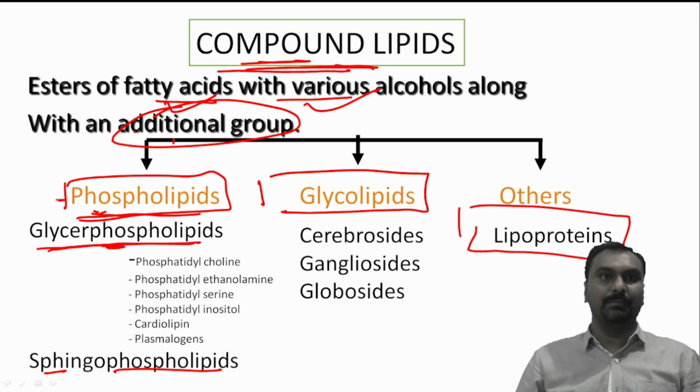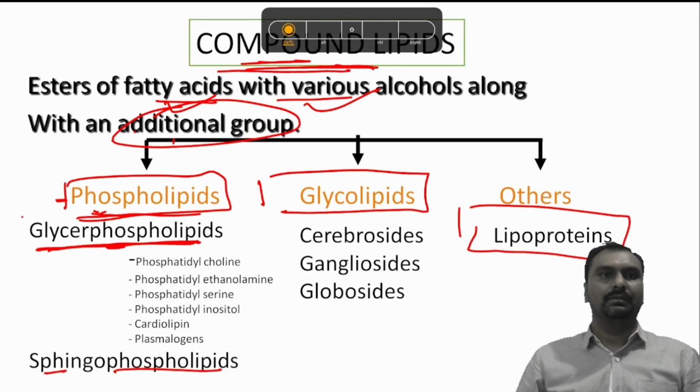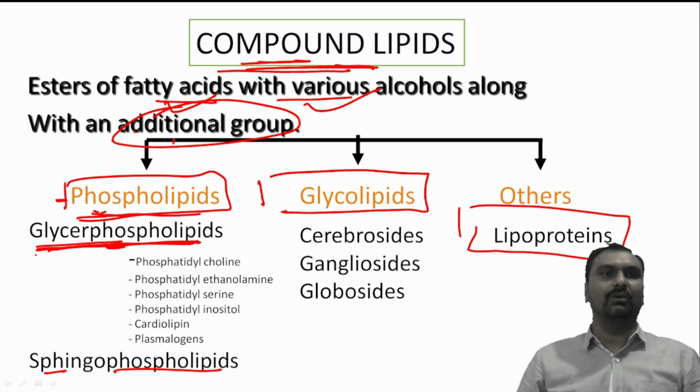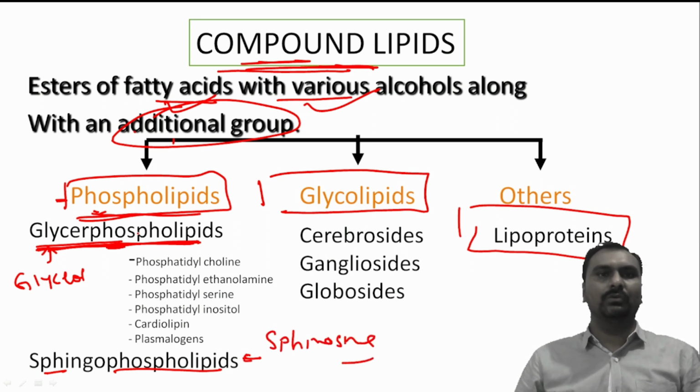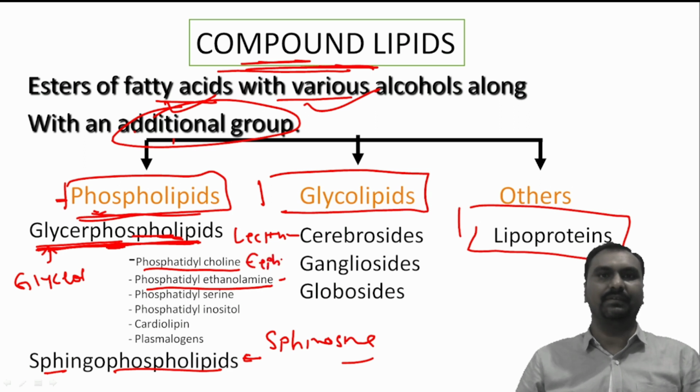This phospholipid is further classified into glycerophospholipid and sphingophospholipid. In glycerophospholipid, the alcohol is glycerol, while in sphingophospholipid, the alcohol is sphingosine. An example of glycerophospholipid is phosphatidylcholine, which is also called lecithin. Another example is phosphatidylethanolamine, which is also called cephalin.